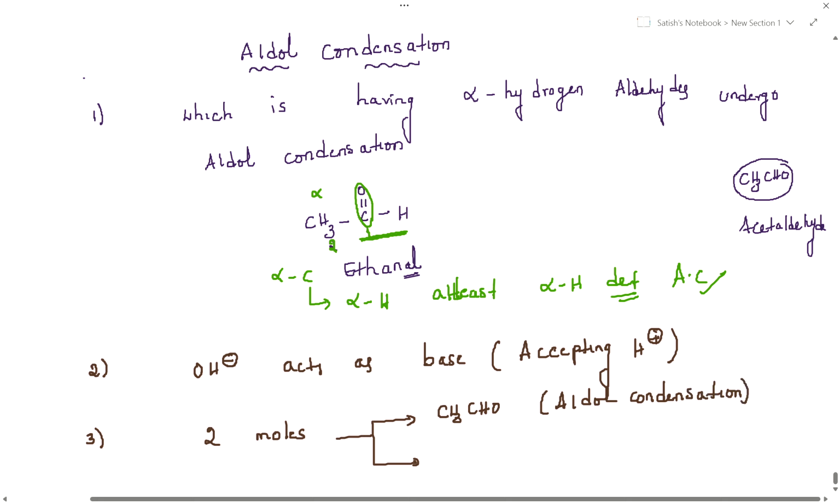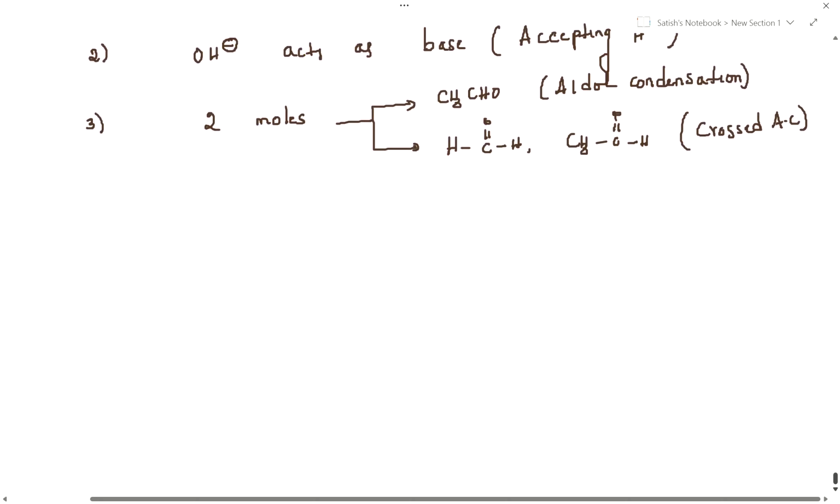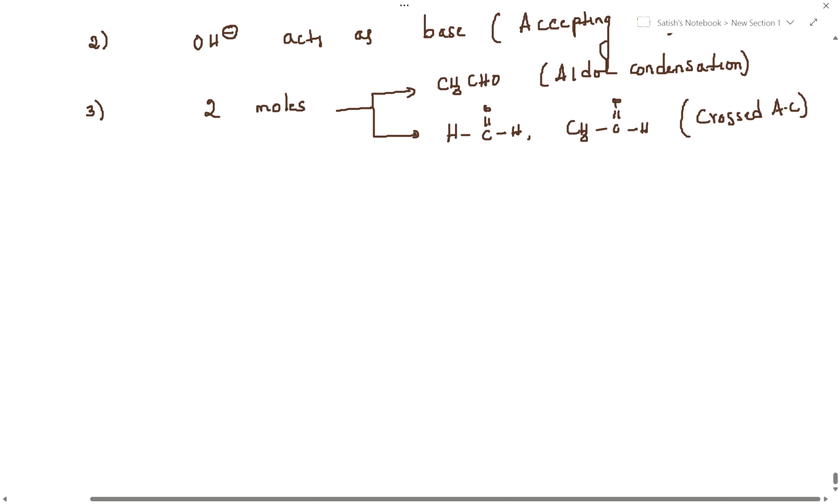Definitely it should have alpha hydrogen. Clear? Next, I may take a combination like this: one is formaldehyde, one is acetaldehyde. Between two different aldehydes, we call it crossed aldol condensation. Even ketones you can take, guys.